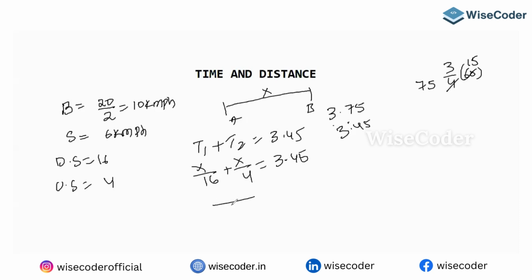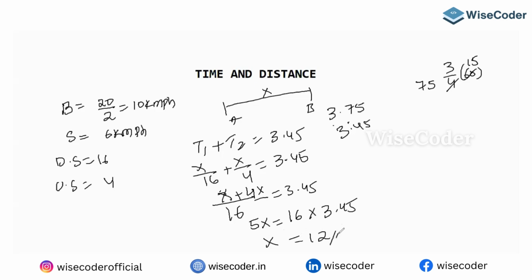What is the LCM? 16 is the LCM. x plus 4x, which is equal to 3 hours 45 minutes. So you can say 5x is equal to 16 into 3 hours 45 minutes. If you calculate this, you will get x as what? 12.